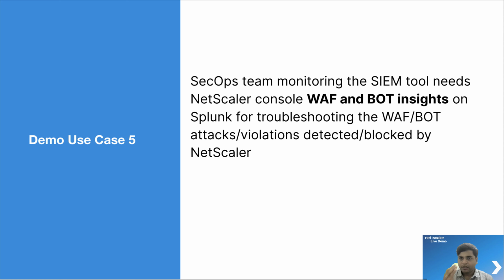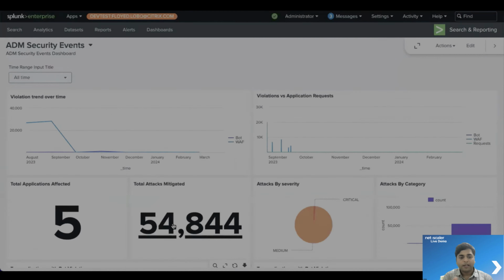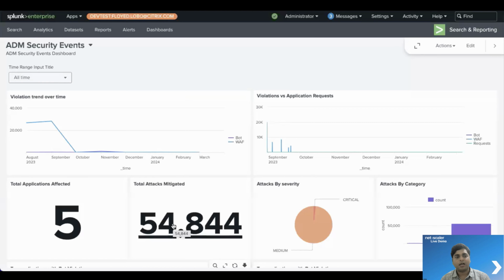The NetScaler console persona is different from the SecOps team or the SIEM persona. So to manage the usability between them, and to ensure that the right decision is taken based on the observability dashboards, we are providing this information on Splunk as well. These are sample dashboards, which are again available on the download side.